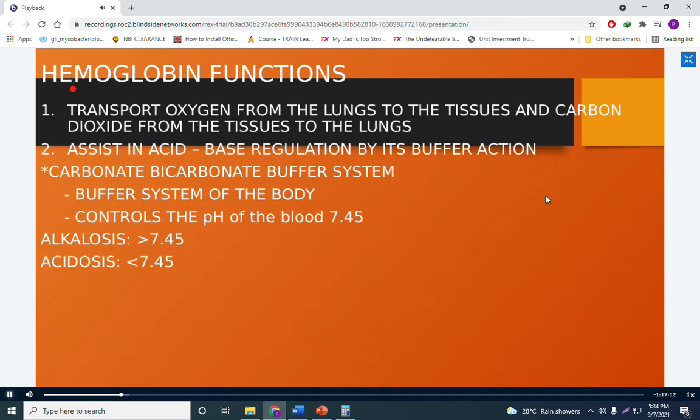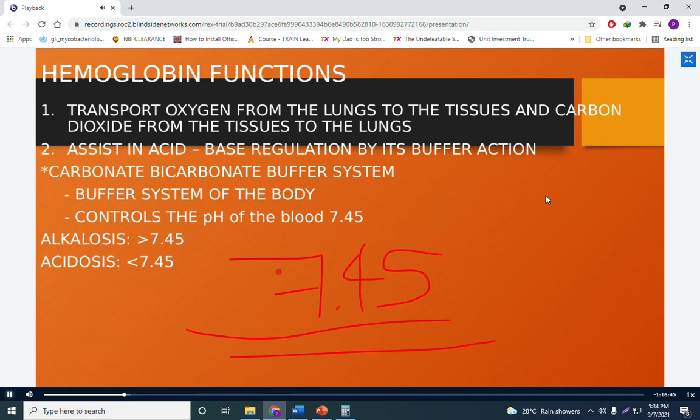Now, hemoglobin functions include, class, this is just a recap of your lesson 1. Transport oxygen from the lungs to the tissues and carbon dioxide from the tissues to the lungs. It assists in acid-base regulation by the buffer action. Class, na-recall nyo, di ba ang pH ng blood is 7.45. It should be maintained this way.